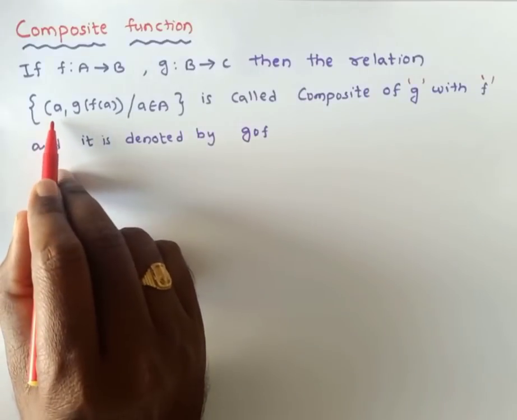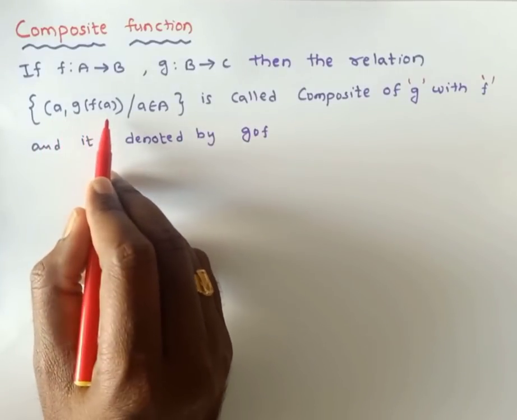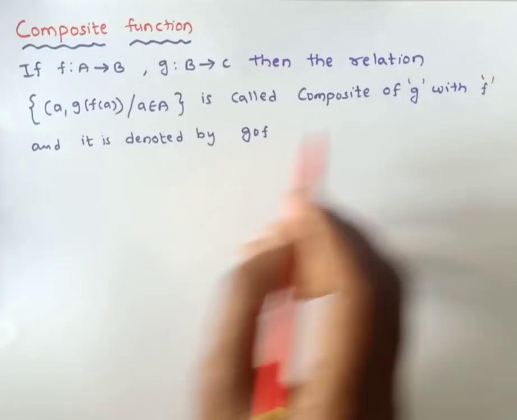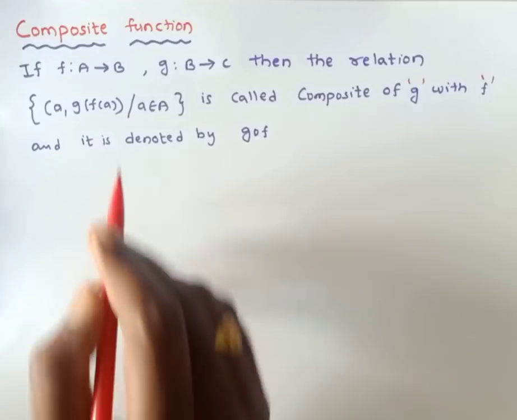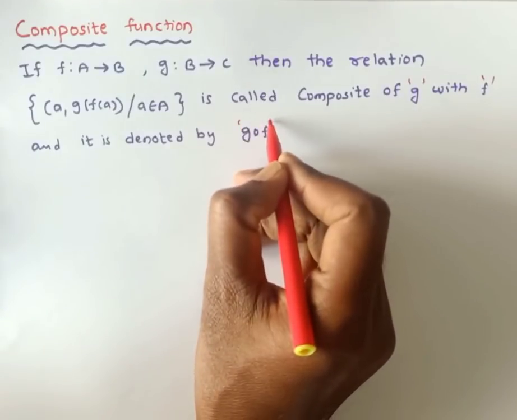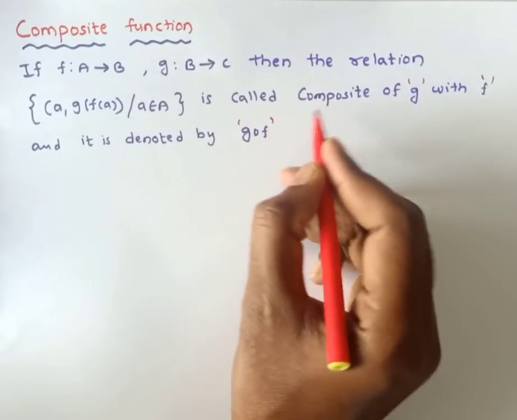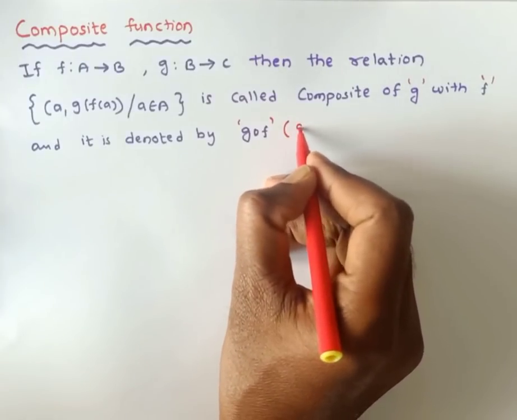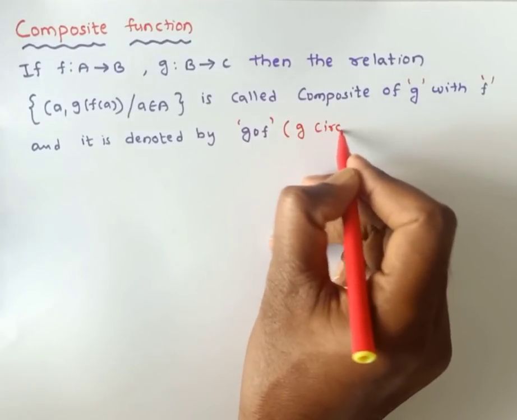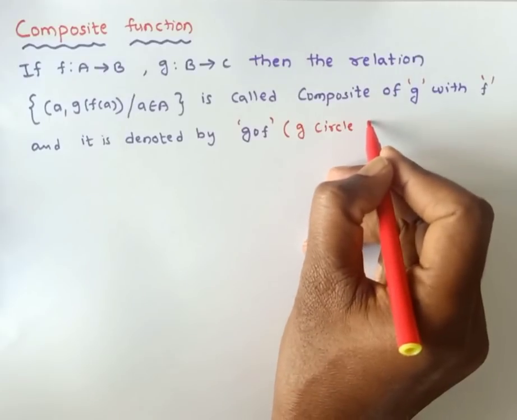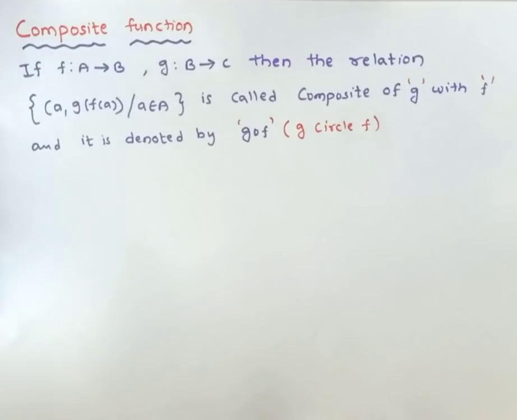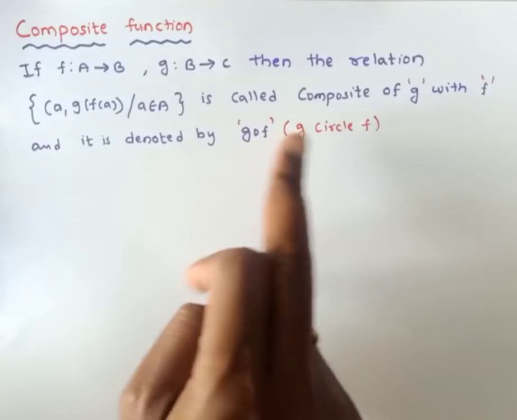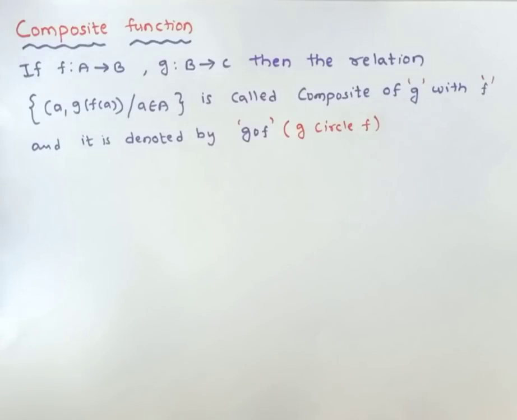It is denoted by g compose f, and we read it as g circle f. g circle f or g compose f.